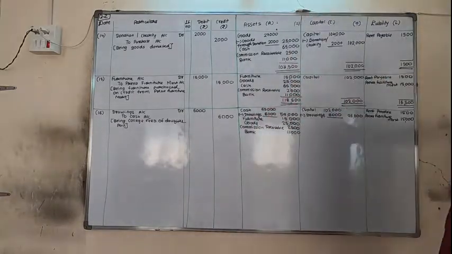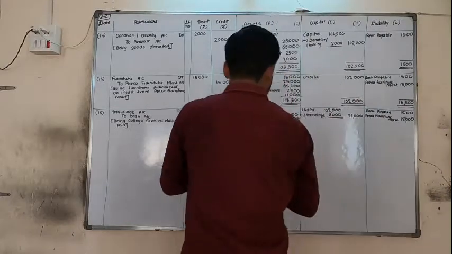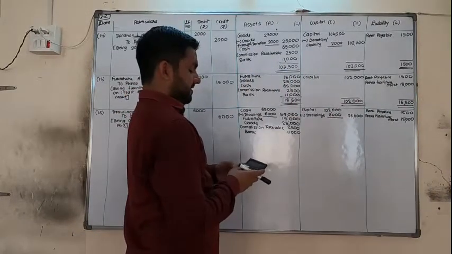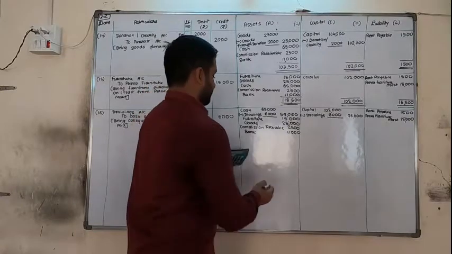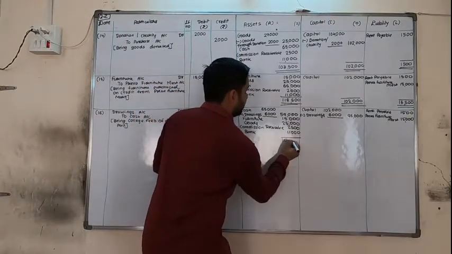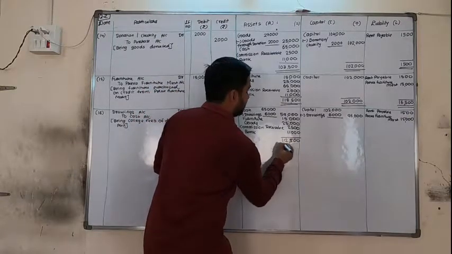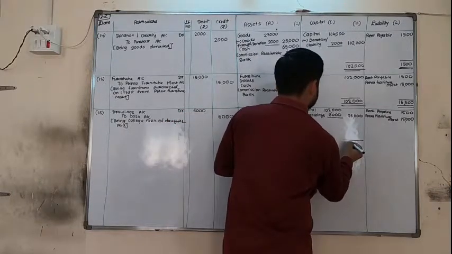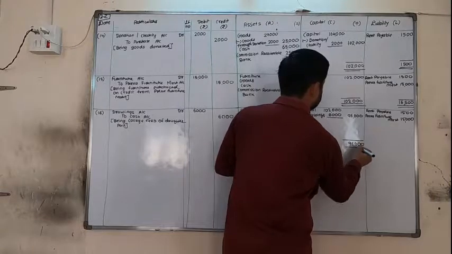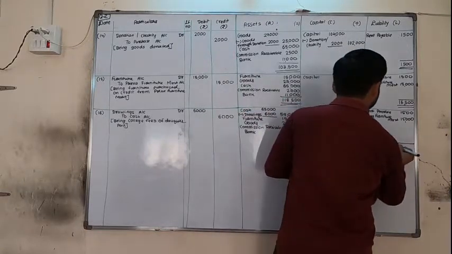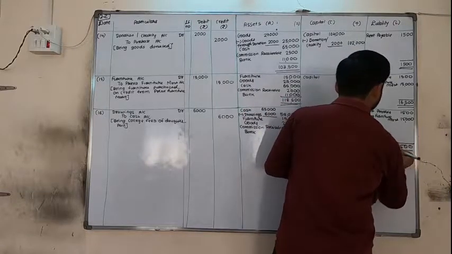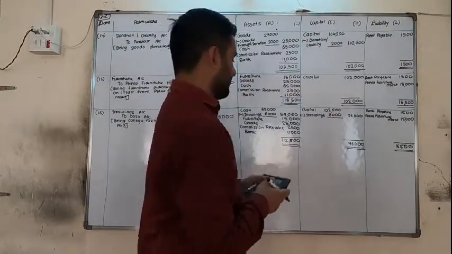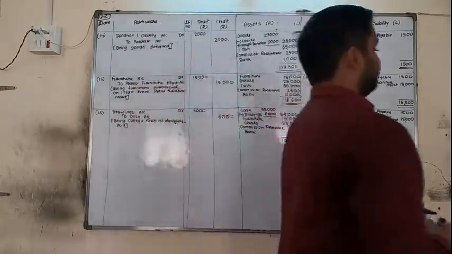Let's take the total. 59,000, 15,000, 25,000, 2,500 and 11,000. 1,12,500. Here, 96,000. And here 16,500. So 96,000 plus 16,500 is 1,12,500.